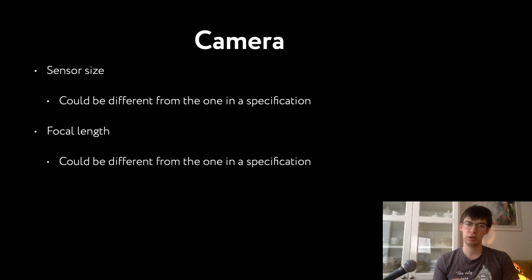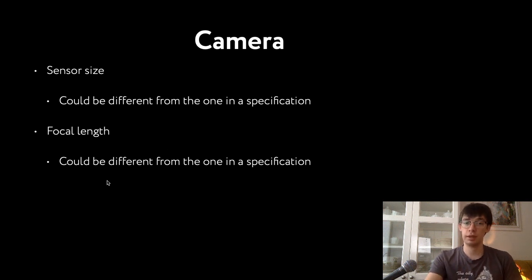Or, for focal lengths, if 35 is written on a lens, it could be 35 point something. So you can find the correct focal length using the focal length estimation feature of GeoTracker, or basically just use the ones from the specification.